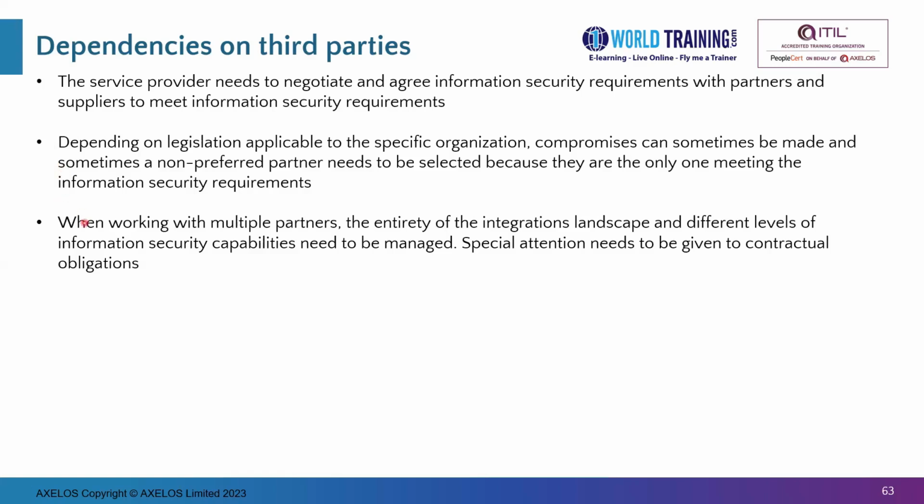Then we also have the last one here. When working with multiple partners, the entirety of the integrations landscape and different levels of information security capabilities need to be managed. So contractual obligations have to be given special attention. For example, the organization contracting with a partner might become accountable when one of their partners has suffered a data loss due to poor management of the information security processes and procedures.